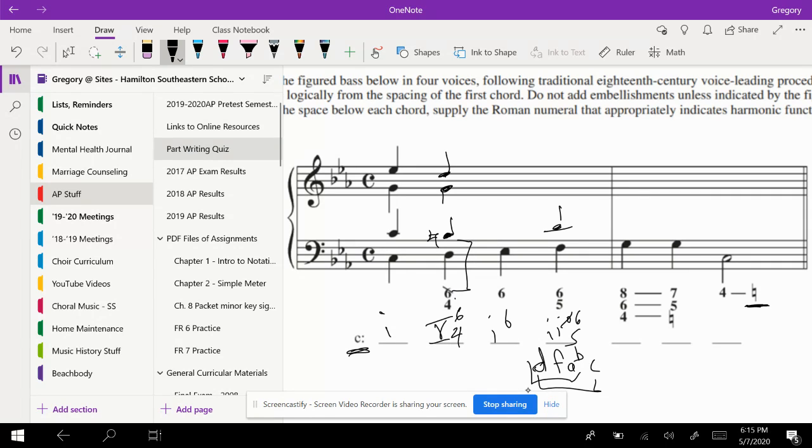Now, this thing here is a little bit confusing just because it has a lot more information than you actually need. It does indicate the 6/4 chord here, which means a second inversion triad. It also means that you need to have an 8th above the bass, which is doubled, which we would want to do anyway, because you know that in a 6/4 chord we always double the bass.